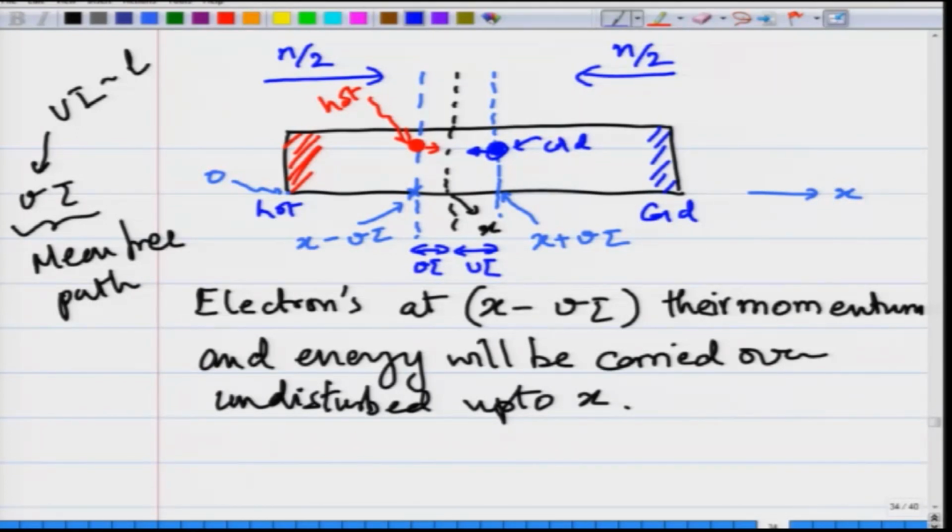Okay. So, you have electrons which are present on either end, at x minus v times tau and x plus v times tau, and let us see what is the net heat current which they generate. So, we look at it in the next lecture.